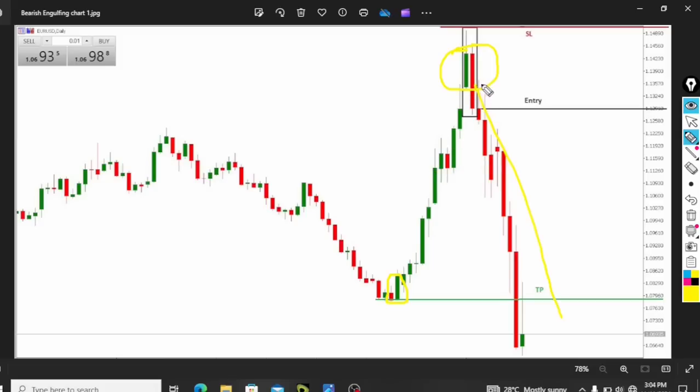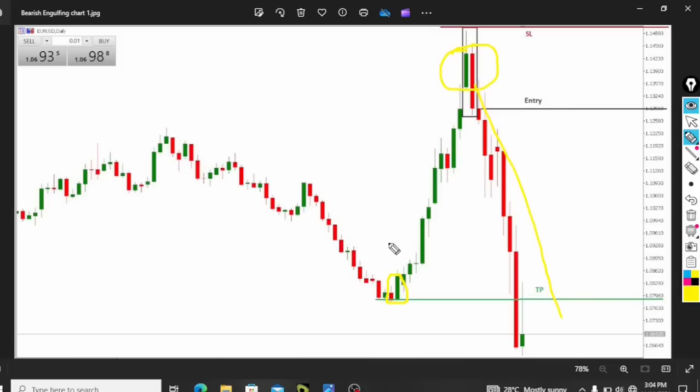So here was a buy, and here was a sell. So almost in the same chart, the same day, you could have bought and made profit going up, and you could have also made a profit going down.